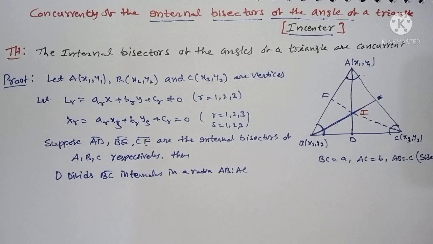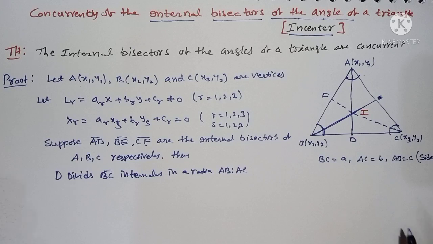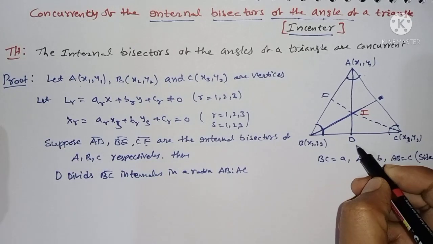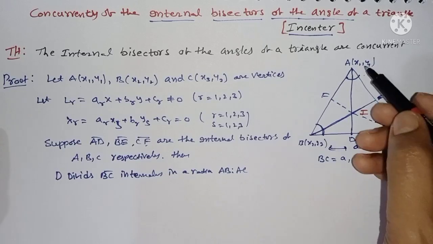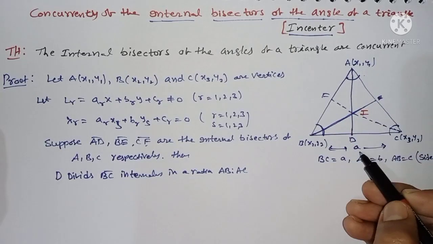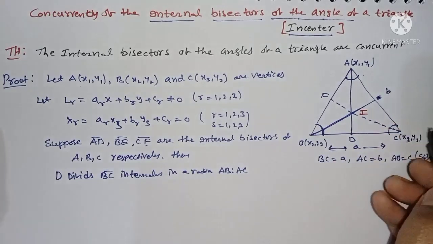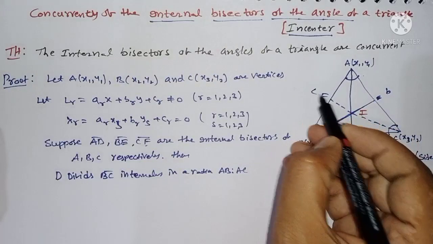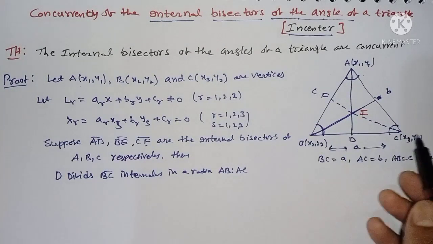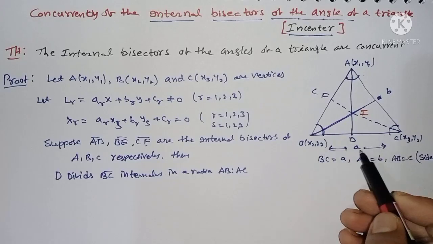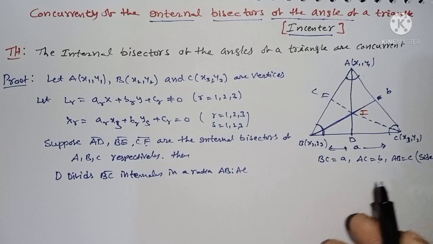Before going to AB and AC, you can find the distance BC, which I can write as small a, because the side opposite vertex A is small a, the side opposite capital B is small b, and opposite capital C is small c. These are all your sides. BC is equal to a, AC is equal to b, AB is equal to c.